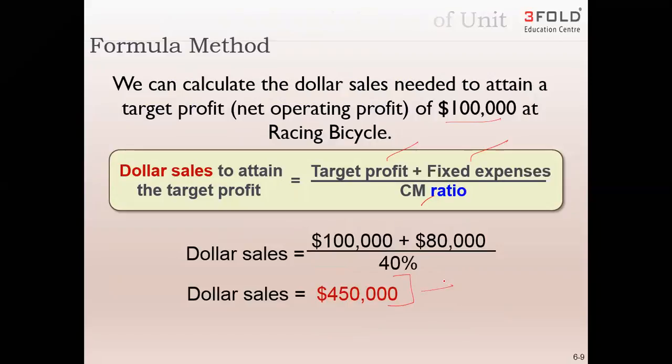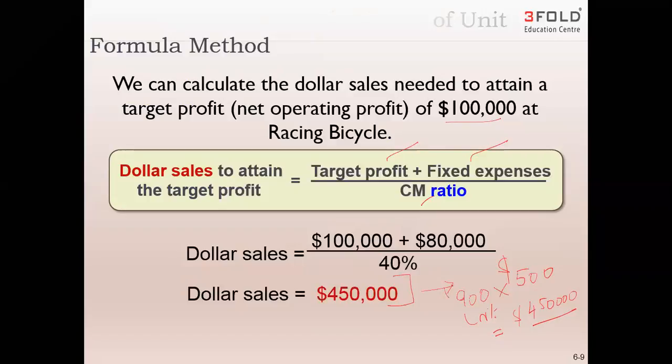And this can be calculated also from the figure which we saw in the previous slide, which is 900 units times $500 per unit, which is the selling price. So 900 units times $500 is equal to $450,000 worth of sales that you need to achieve to realize $100,000 profit.